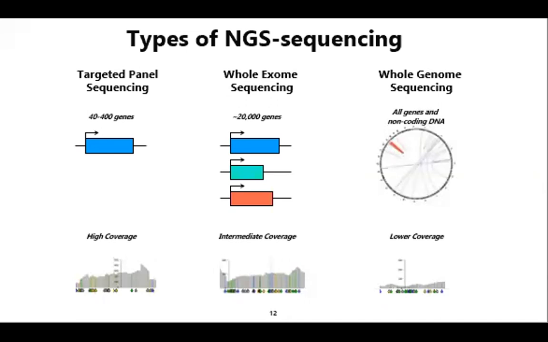Now, one of the things we need to understand is that the major advantage of whole genome sequencing is that it allows us to use both coding gene sequencing and non-coding gene regions, providing us with more information within the genome.